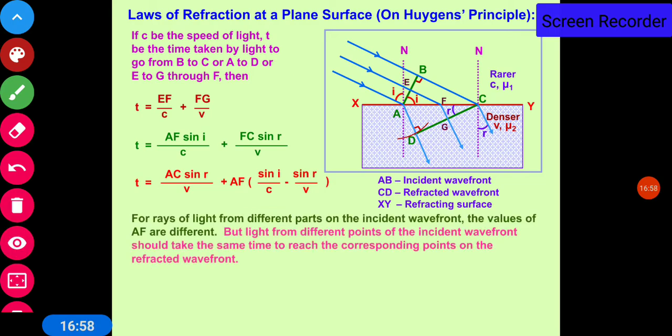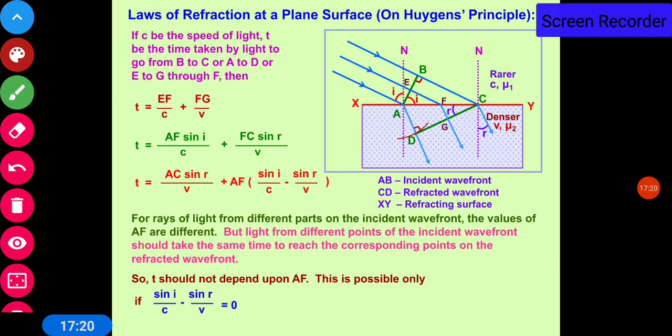Again, for the same reason, for rays of light from different parts of the incident wavefront, the values of AF are different, but light from different points of the incident wavefront should take the same time to reach the corresponding points on the refracted wavefront. So T should not depend upon AF, and this is possible only if sin i upon c minus sin r upon v is equal to 0.